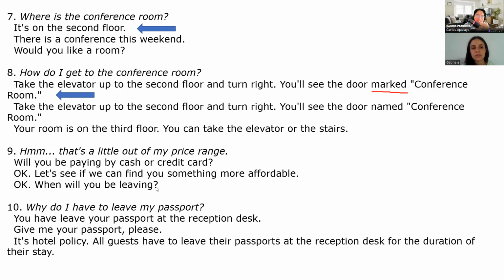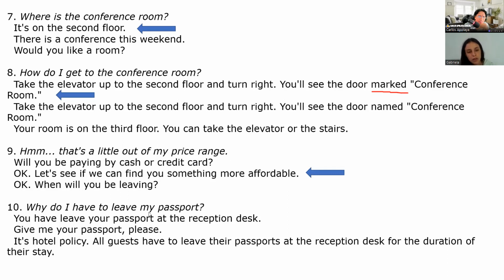Number 9, that's a little out of price range. Let's see if we can find you something more affordable. Why do I have to leave my passport?